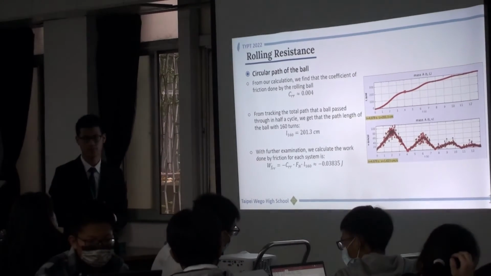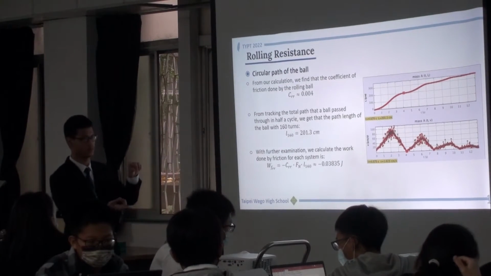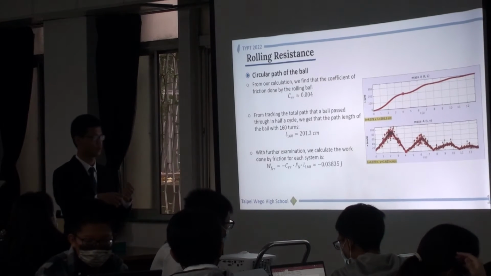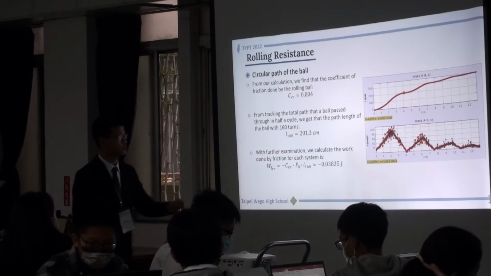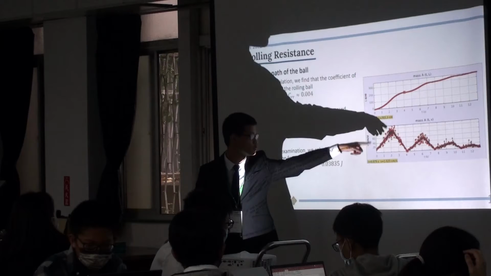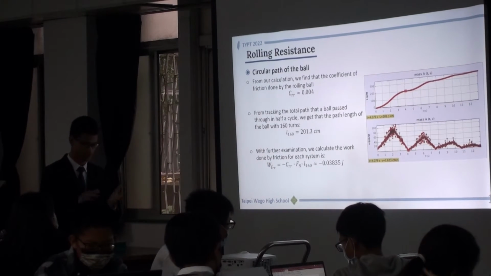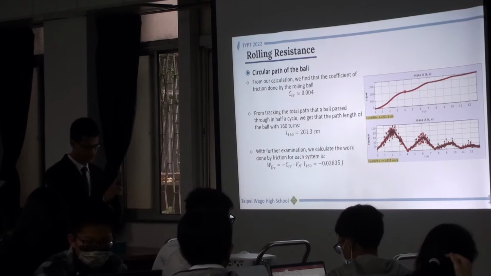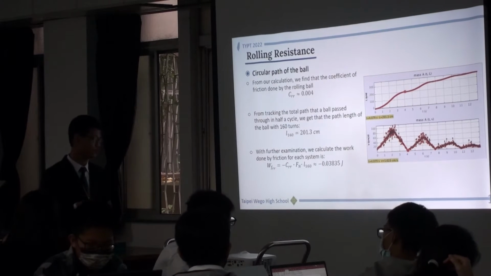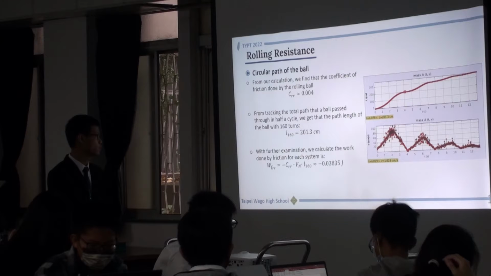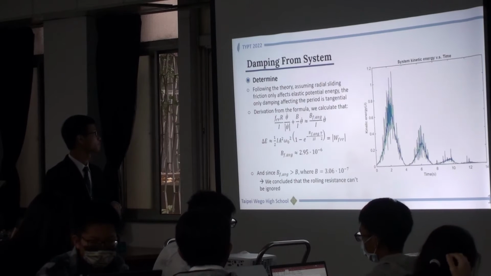However, the real period should be when it springs back, since that's when theta actually goes back to its original state. So we only first talk about the first half. In that, we can calculate the distance that the ball traveled and calculate it into the work that it's done.